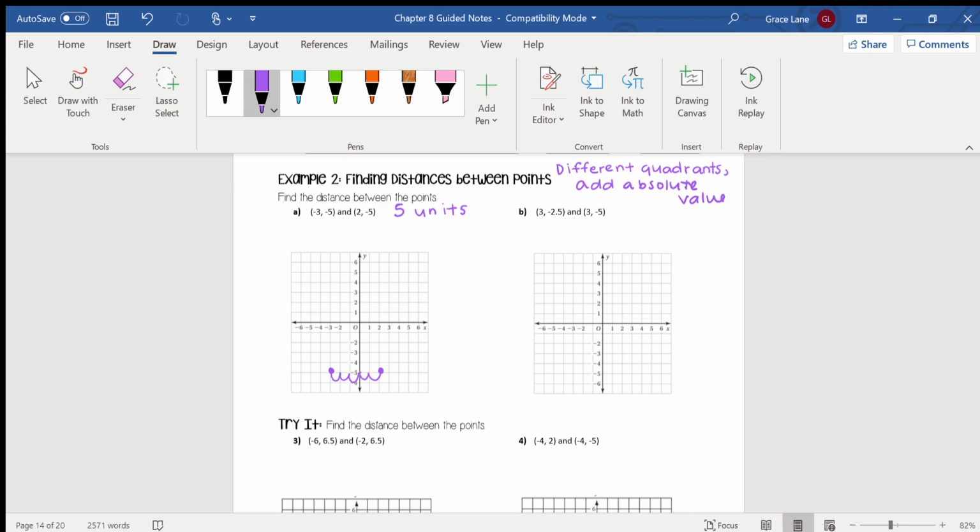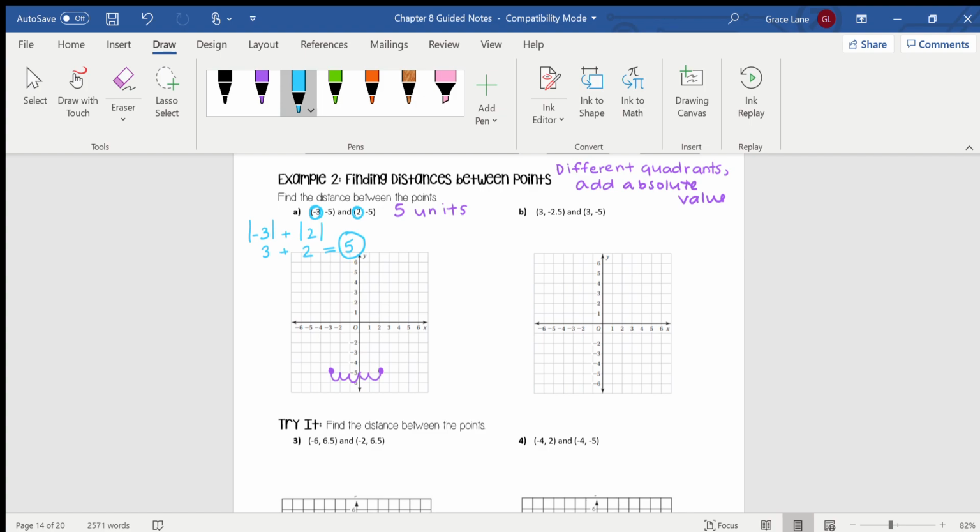Looking at the 2 points, the -5 and the -5 are the same. So when I'm saying add the absolute value, I'm talking about the ones that are different. So you find the absolute value of the x coordinates and add them together. The absolute value of -3 is 3, the absolute value of 2 is 2, you add those, you also get 5. So either way you'll get 5.